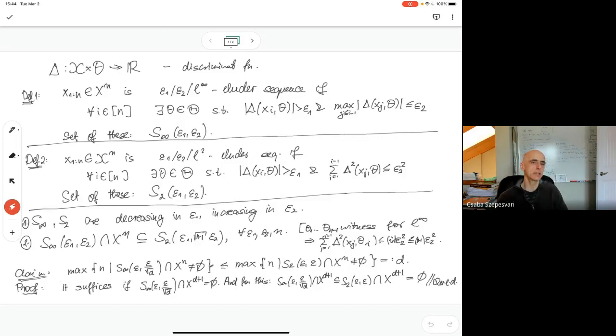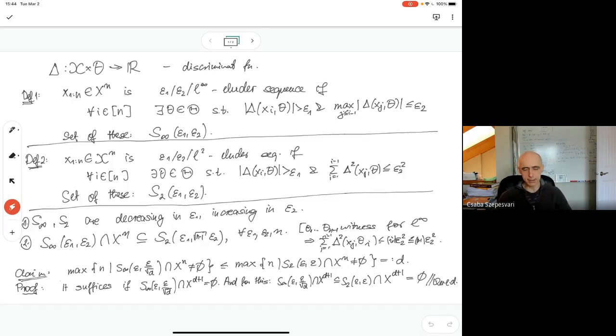Then if you can do that for n steps, then you have a length n Eluder sequence. And you can collect all the Eluder sequences into a set. So this is this set. It's parameterized by epsilon1 and epsilon2, which is the definition. And you can do the same, but now instead of taking the maximum of the errors, you take the sum of the errors squared, okay?